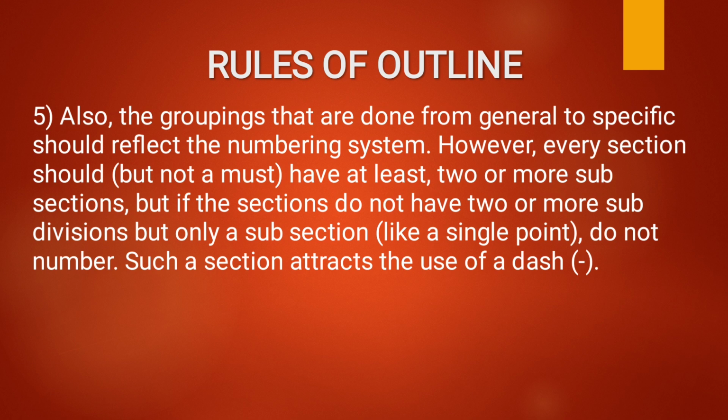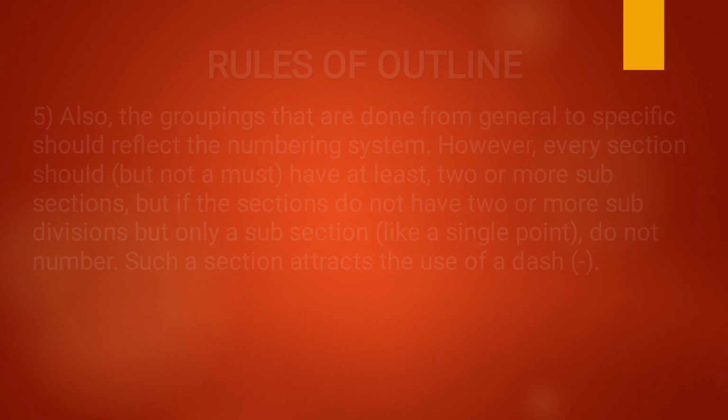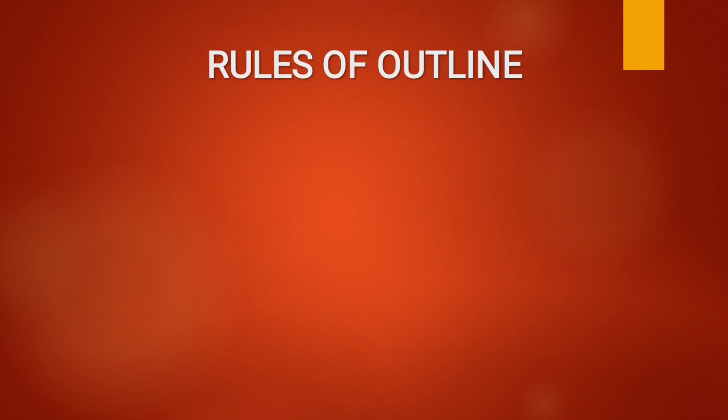Agreed? Nice one. So that is what rule number 5 is saying. It's saying that if there is only 1 point that falls under a specific heading, then you should use a dash rather than numbering it. I hope it makes sense.